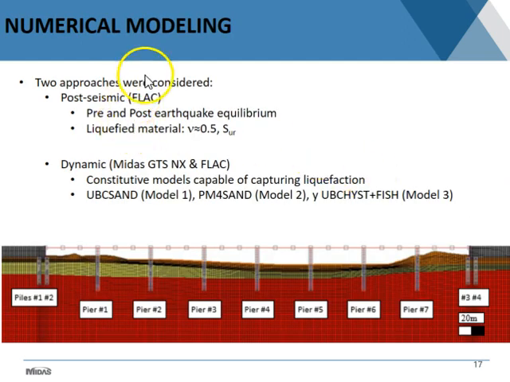Now, in terms of the analyses that were used, the first one was done only using FLAC 2D. We wanted to see what happened if we took the initial geometry of the problem and switched the properties of the liquefiable material from the initial ones to the liquefied ones, and see how the model came down to equilibrium again, and what type of deformation we would see.